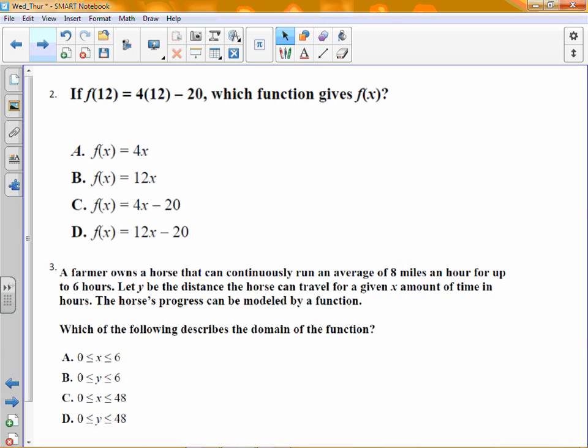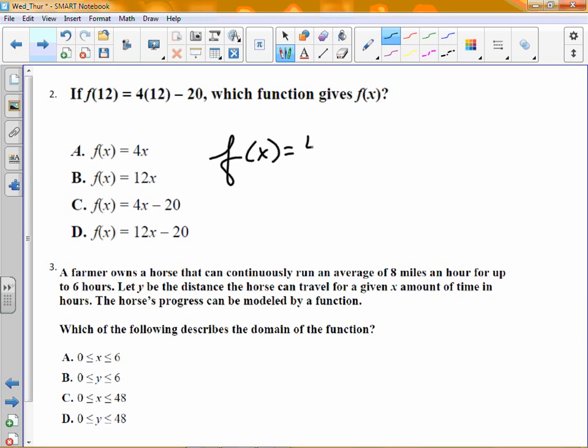And this question's asked a lot. This time, instead of plugging in a number, they ask you to plug in x. Because it says, if f of 12 equals 4 times 12 minus 20, which function gives f of x? If I want to find out what f of x is, what normally I do, I normally take 12 and plug right there.